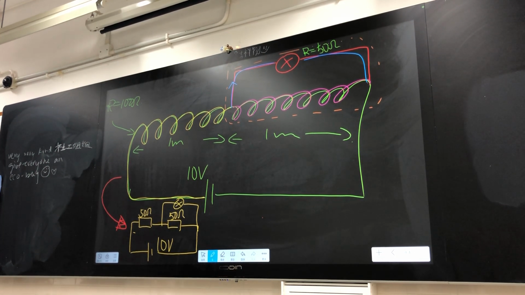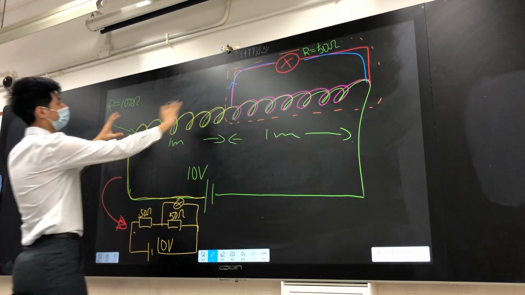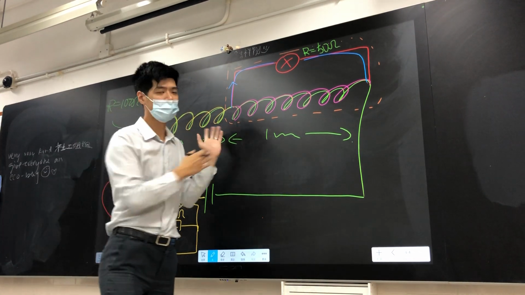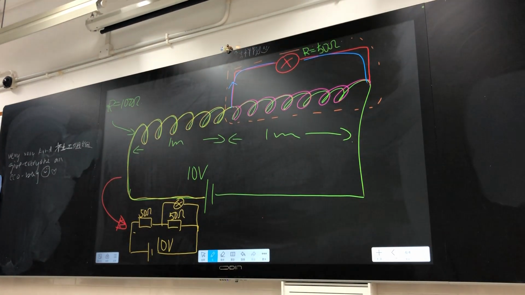So actually the variable resistor is not very difficult in calculation. You just think of the length the current passes through. If you can't understand the diagrams, reconstruct them into a simpler one.